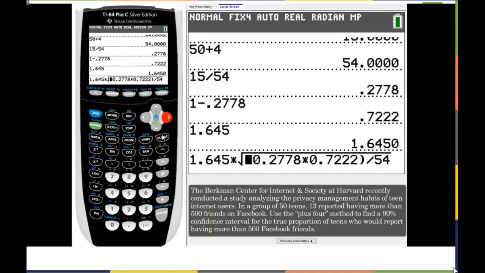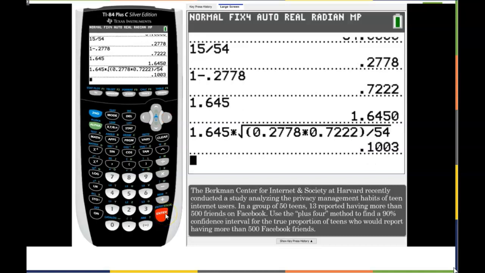So it's very important where you have your parentheses. Have a parenthesis around the whole entire thing that's inside your square root. Have a parenthesis around your numerator, and you could even have parentheses around your denominator. There's no harm, no foul there. And I get my error of 0.1003.